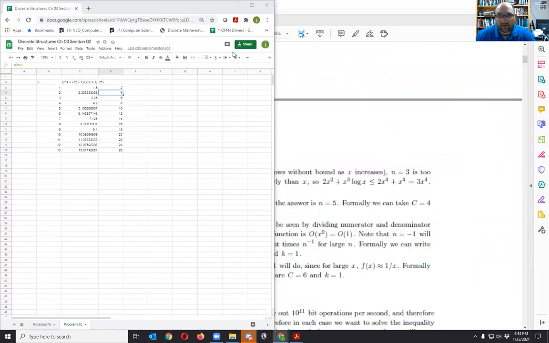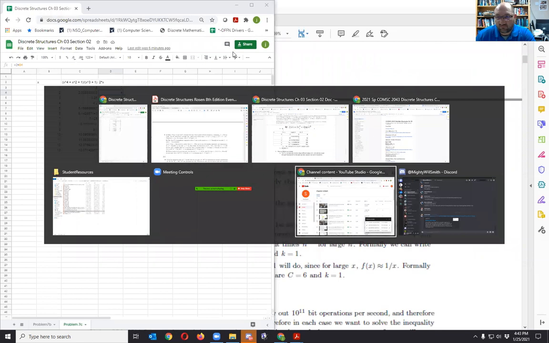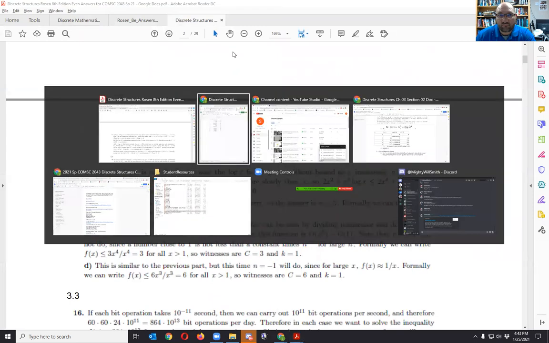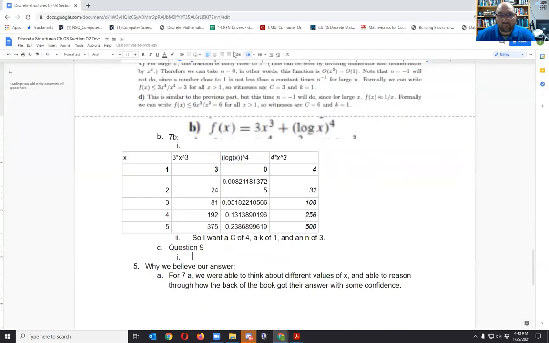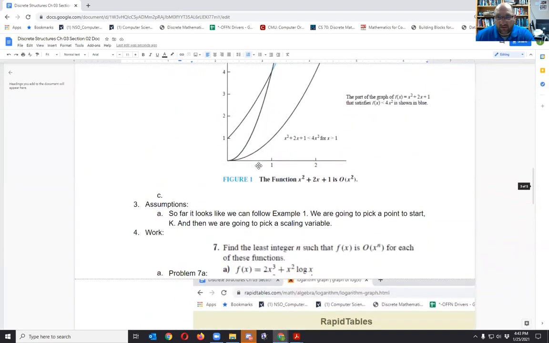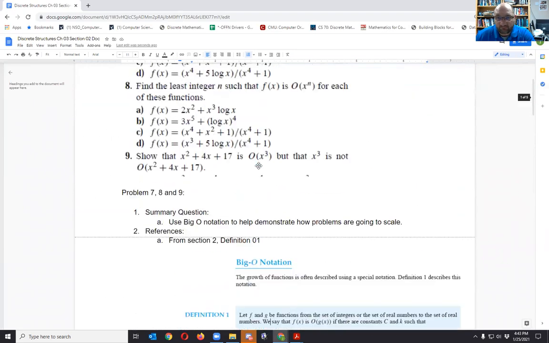Too many tabs, my friends. Well, let's just grab it from here. It'll be a little ugly, but we'll get it done.